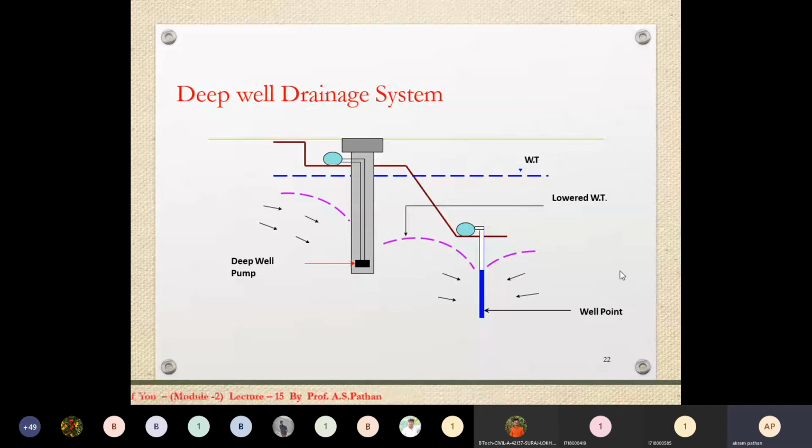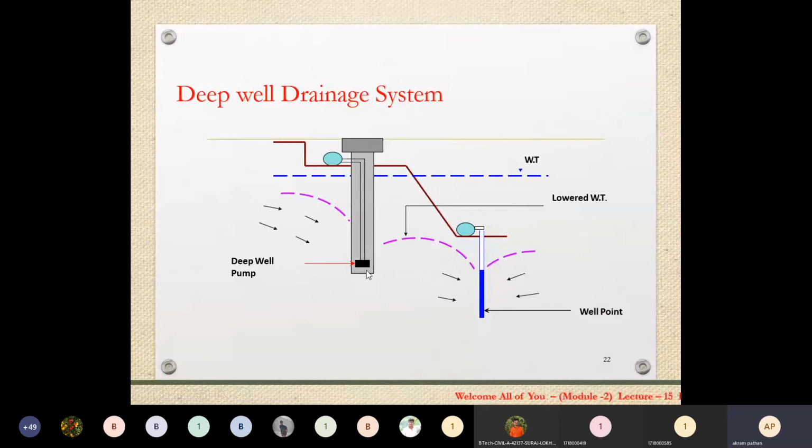After dewatering, we excavate the foundation. This is the pre-drainage system. Pre means we first dewater the area, and then we do the excavation for foundations. So this is known as the pre-drainage system.